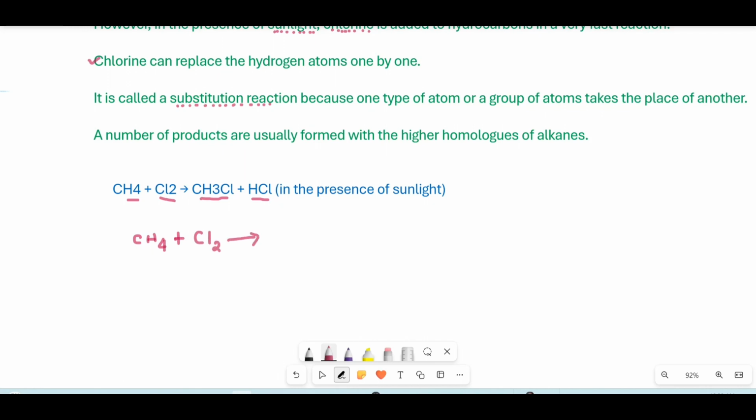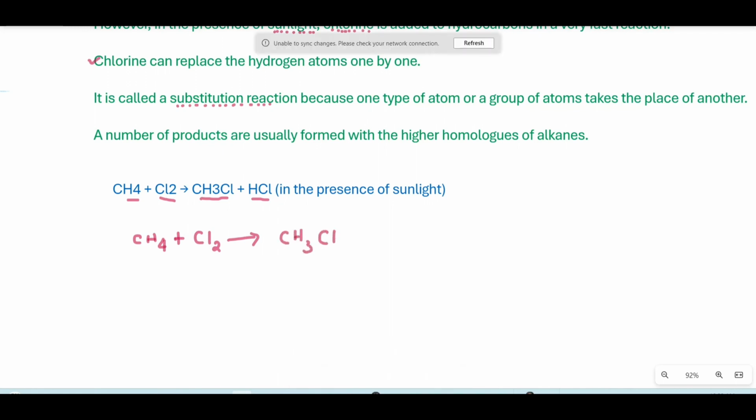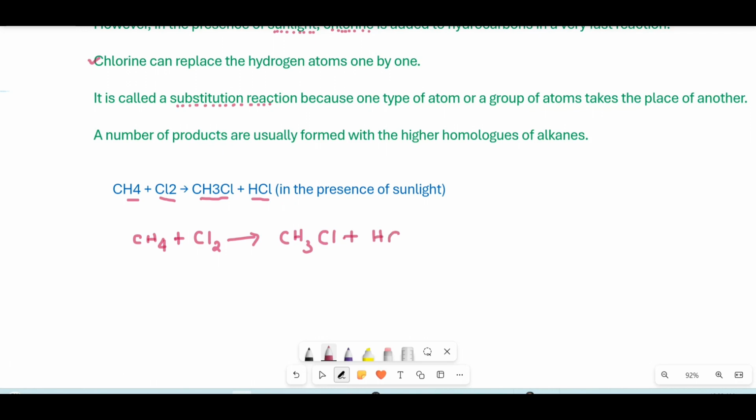Out of these four hydrogen atoms, one will be replaced with chlorine, giving CH3Cl, and the byproduct will be HCl.